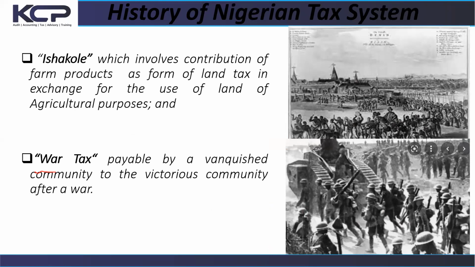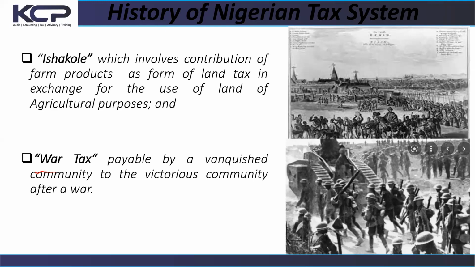This involves contributions of farm produce or products as forms of land tax in exchange for the use of the land for agricultural purposes. We also have what we call the war tax. This is payable by a vanquished community to the victorious community after a war.